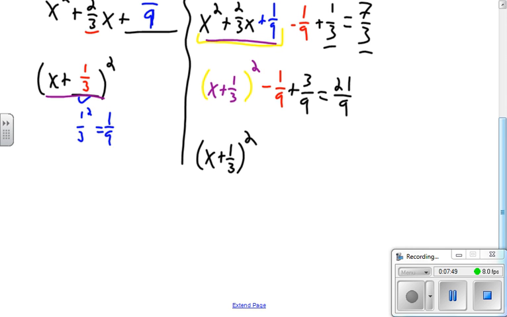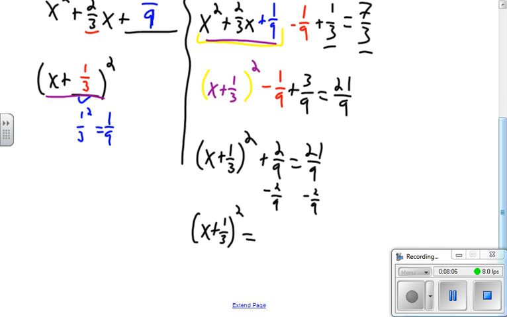Negative 1/9 plus 3/9 is going to be 2/9 and equals 21/9. Subtract that 2/9 from both sides. So we'll be left with x plus 1/3 squared equals 19 over 9.